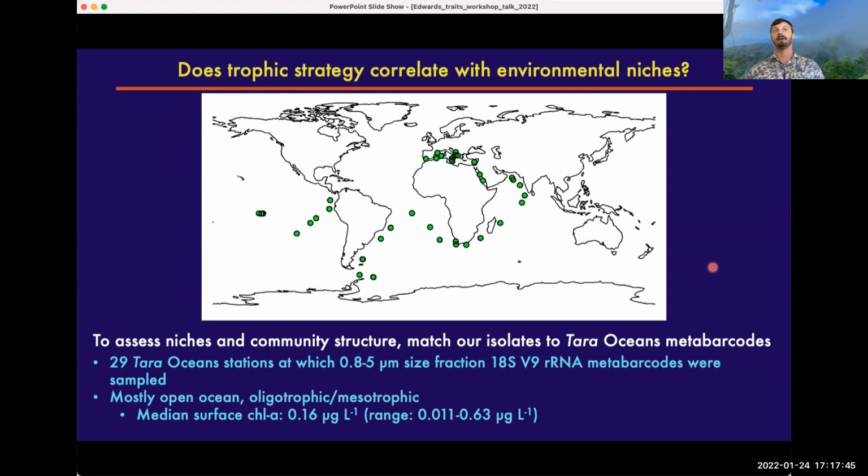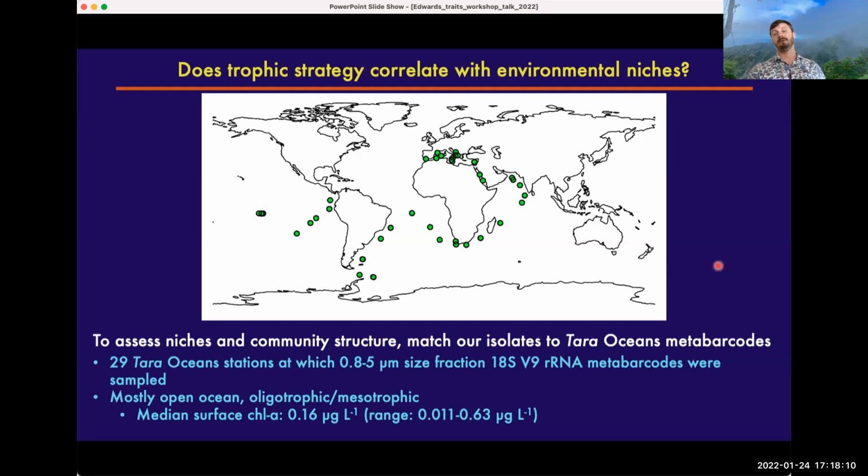Okay, for the next part, we're interested in community structure, like all this diversity. How does it map out onto different environmental conditions? And does this spectrum from autotrophs to more autotrophic mixotrophs to more phagotrophic mixotrophs correlate with environmental conditions?